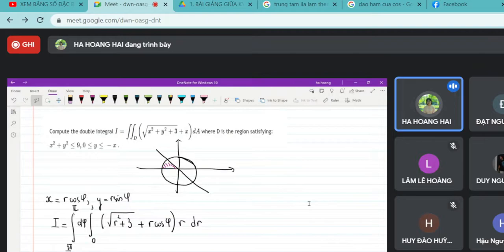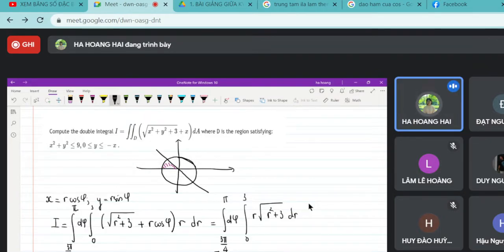Okay, and you can use your calculator immediately to find this. If we split the integral into the sum of two integrals, I can rewrite this like this. Pi d phi, and next we have from 0 to 3 r squared plus 3 dr, that is the first integral, and plus the second term gives us, here we have pi, and for the second term we have r squared cosine phi.